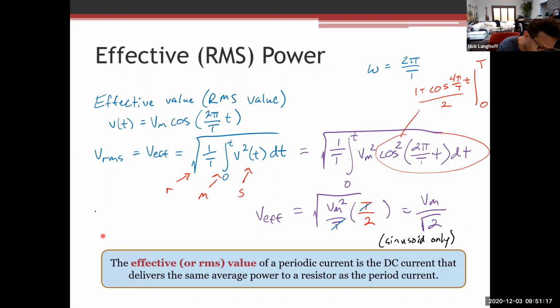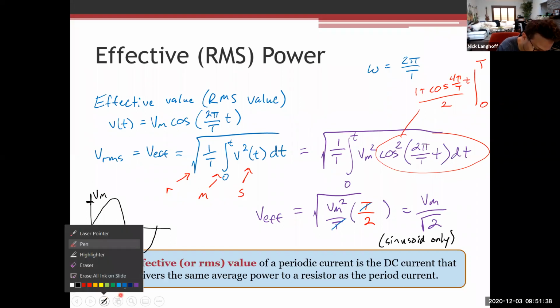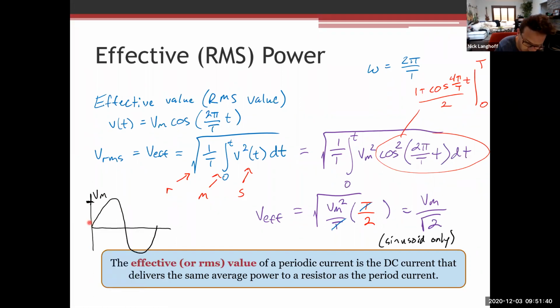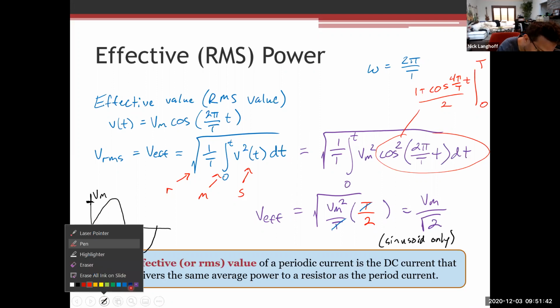So when you look at a sine wave, if you were going to graph a sine wave, what I want you to think about visually in your mind is what the effective voltage looks like for a sine wave. Let's say here's your sine signal, and let's say this was Vmax, whatever Vmax is. Here, let me do this in purple so it matches.